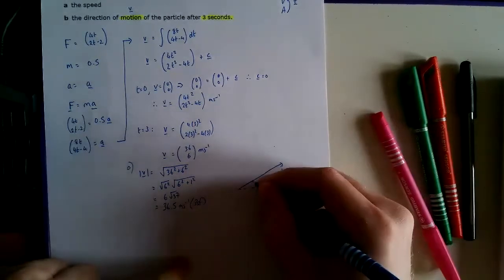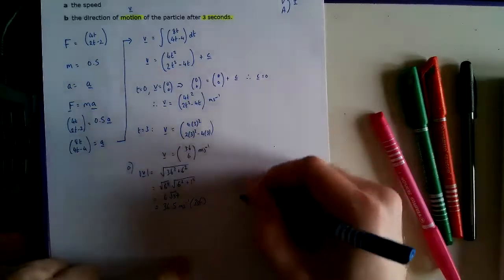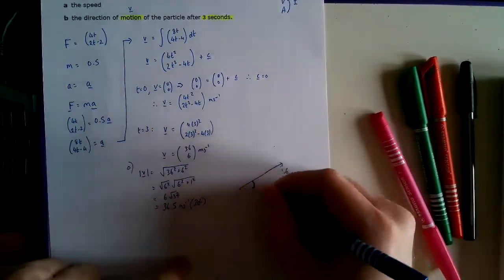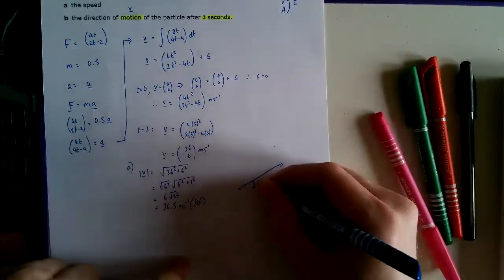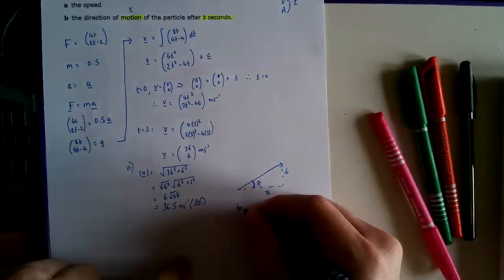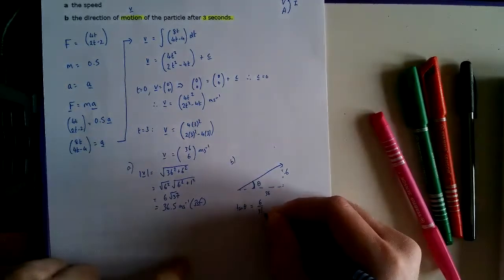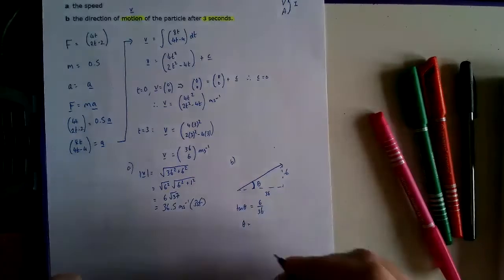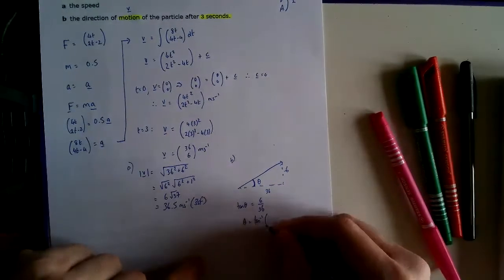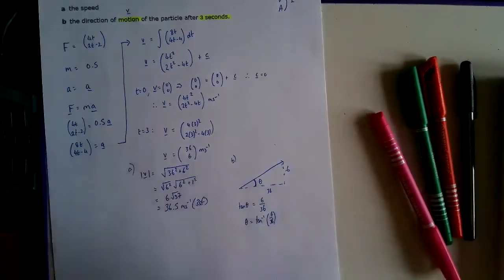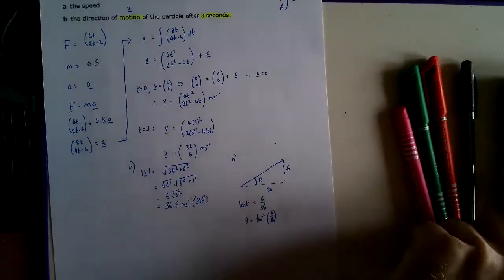So its direction of motion, I can either write it as a bearing or an angle above the horizontal. So I'm going to work this out. I know that tan of the angle is the opposite over the adjacent. So the angle is tan minus 1, or arctan, of 6 over 36. Make sure you're in degrees.